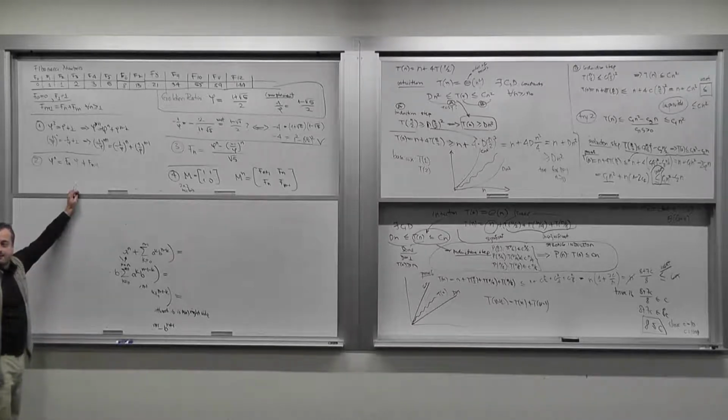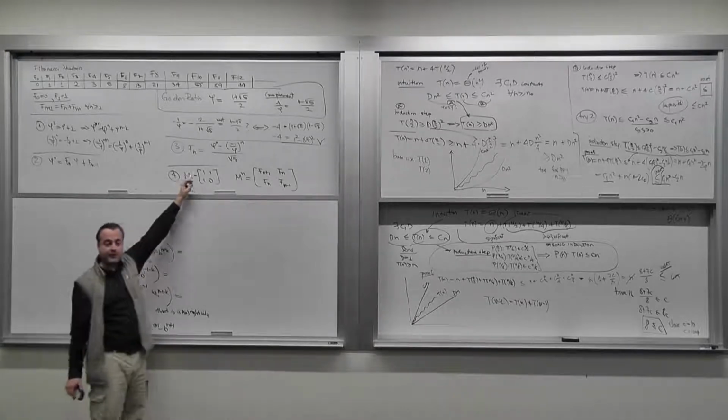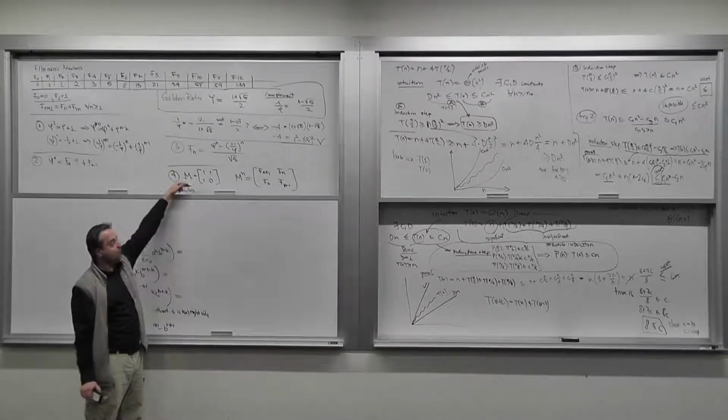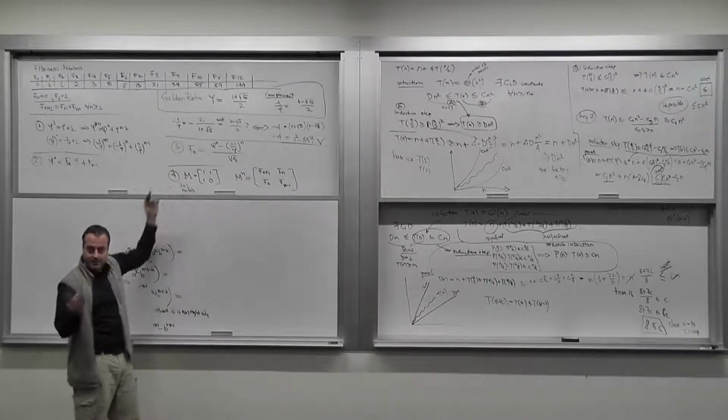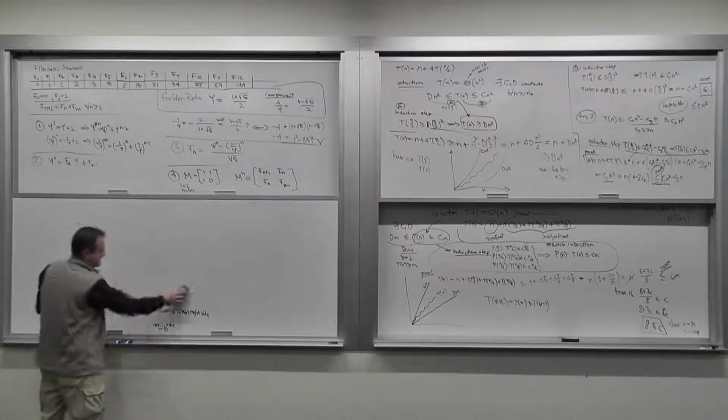Hands up. Out of 1, 2, 3, 4, who has seen 1, the golden ratio equation? 2, 1. 3, the closed formula for Fibonacci. 4, the matrix form. So we're talking about new stuff here. That's good. Feels like an honors section.